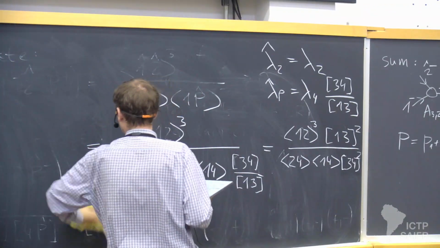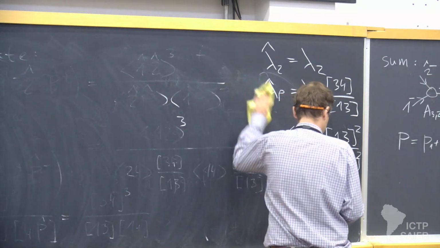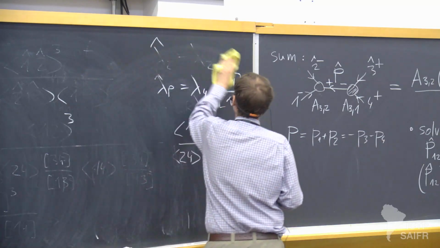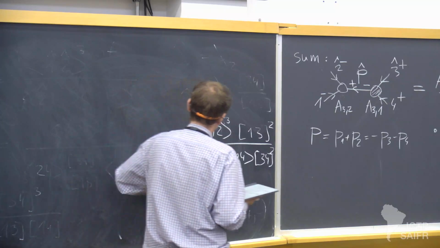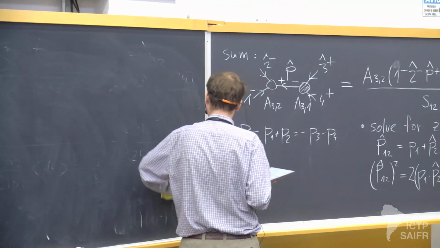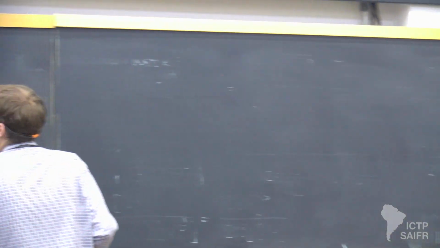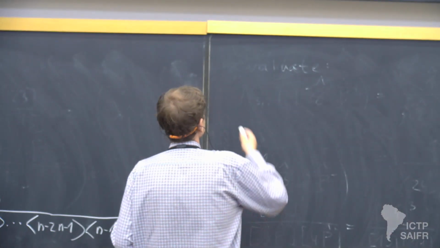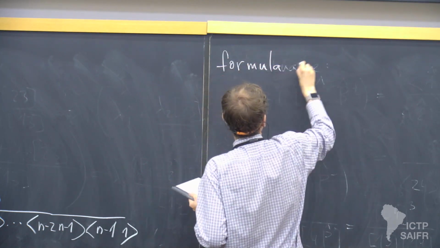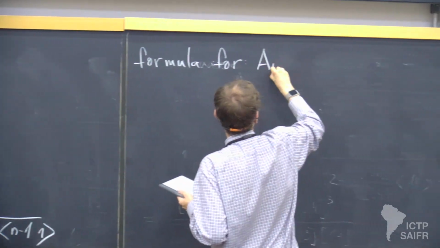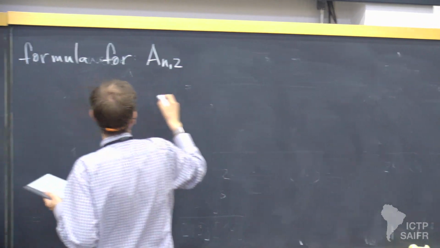So we will use the same 2-3 shift. In the formula for the n-point amplitude, we again have only one term.